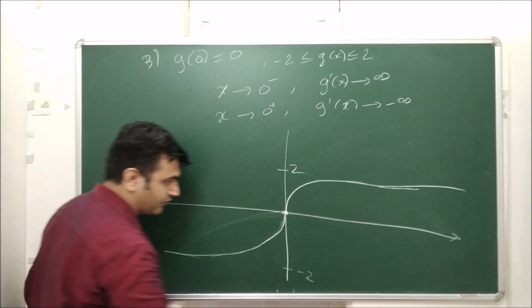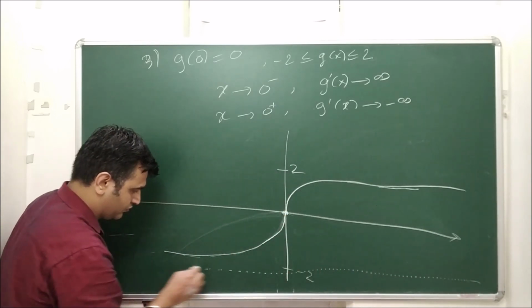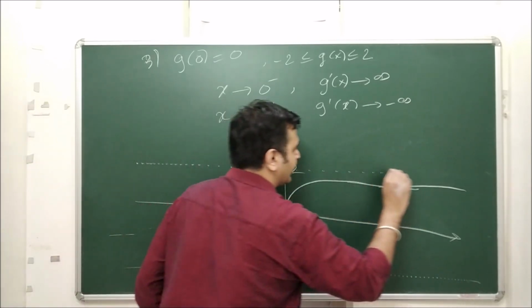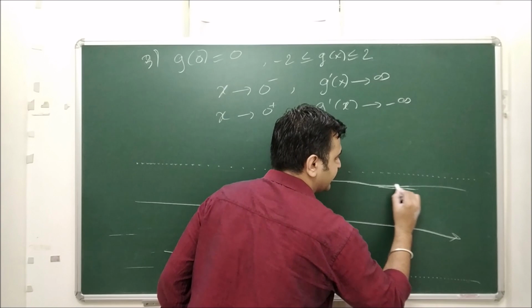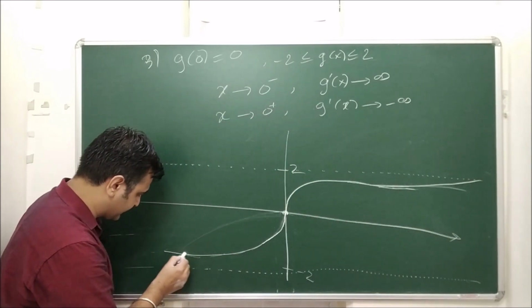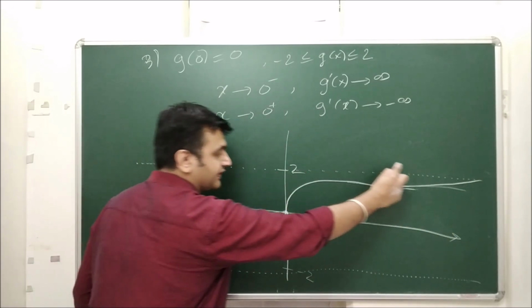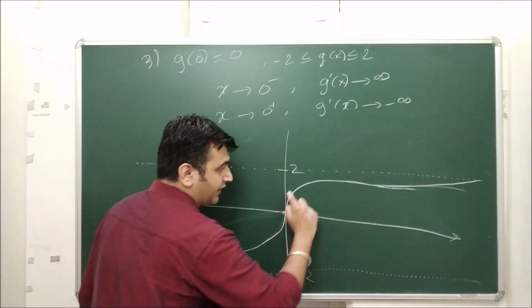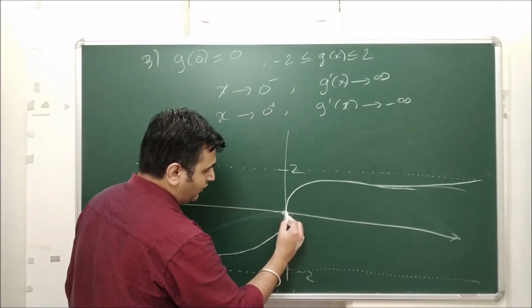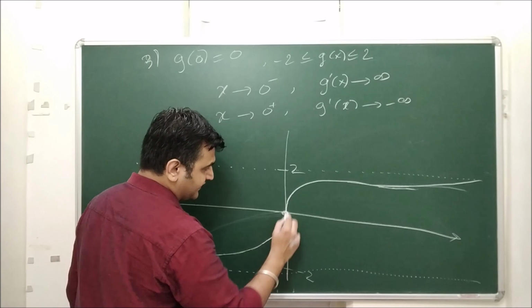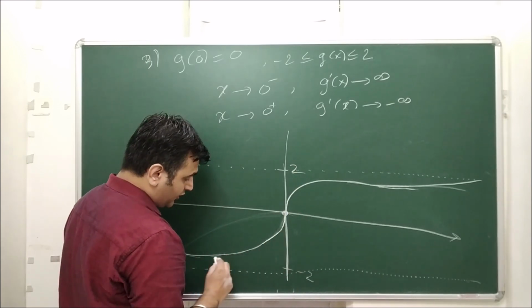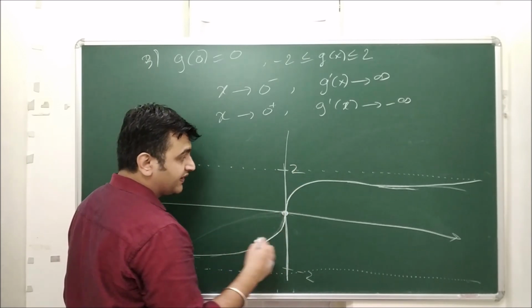So if I draw y equal to minus 2, and y equal to 2 line, so it is increasing like this, decreasing, concave up and concave down, and at 0 when you go like this, the tangent line will become like this. And it's increasing, so plus infinity.